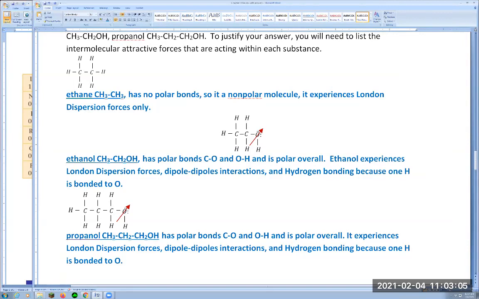And then ethane is really different here because it only experiences London dispersion forces. So it's weakly held together, right? It's not very strong forces holding the molecules together. That means it's going to be easy to bring to the gas phase. You will need less energy to boil the liquid into a gas. So ethane will have the smallest boiling point of all three.